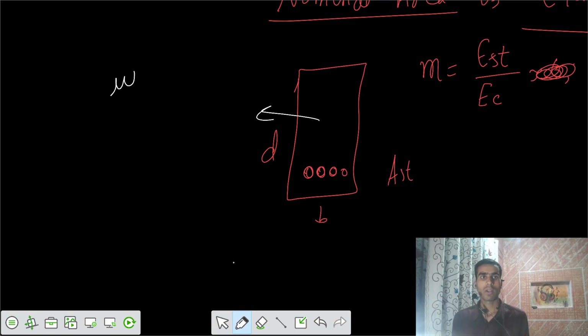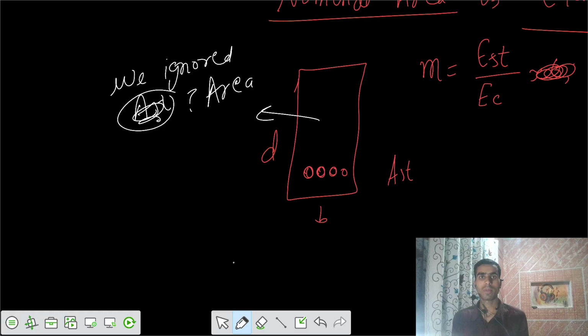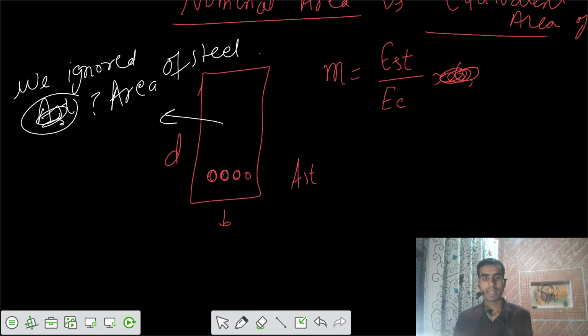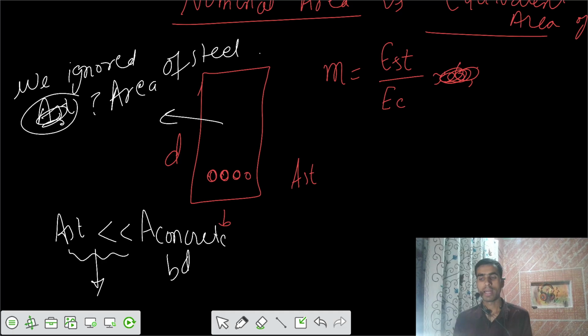Till now we ignored the area contributed by those bars of steel. We say that usually in PSC, the area of the steel is lesser than the area of the concrete section, that is BD. So we say that this part does not contribute so much in the total area.